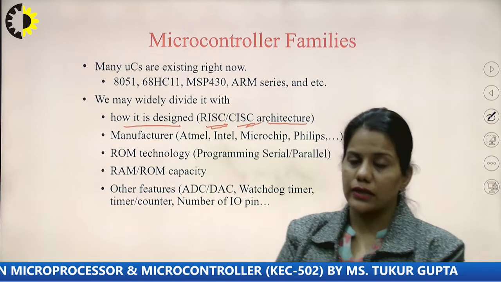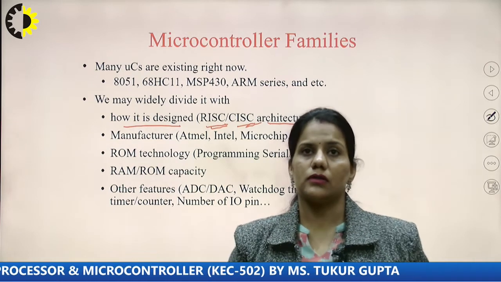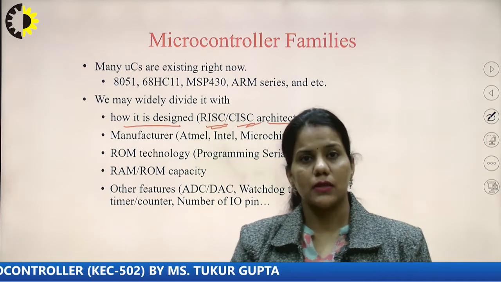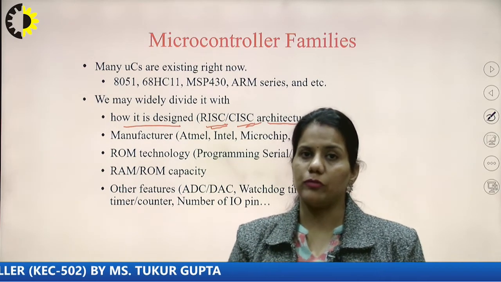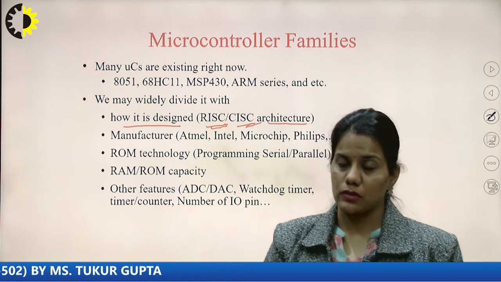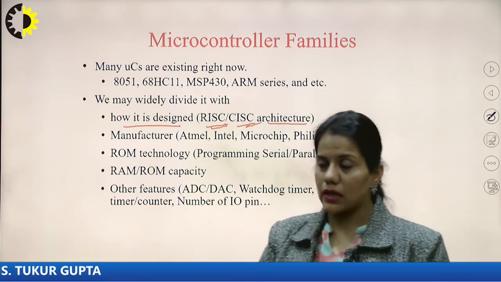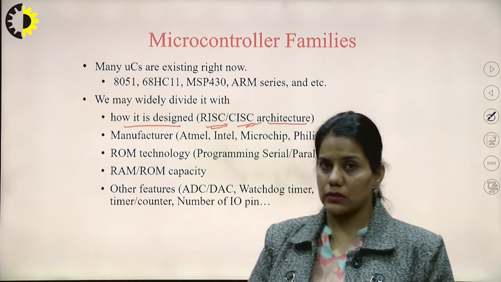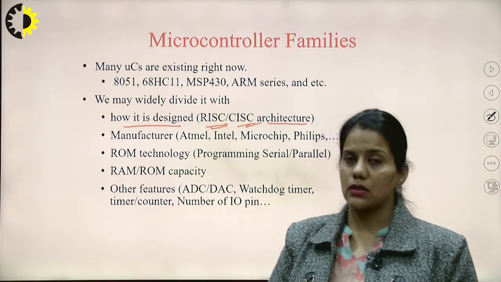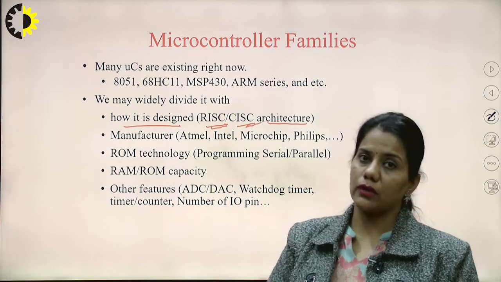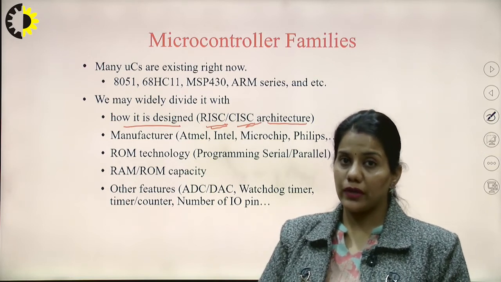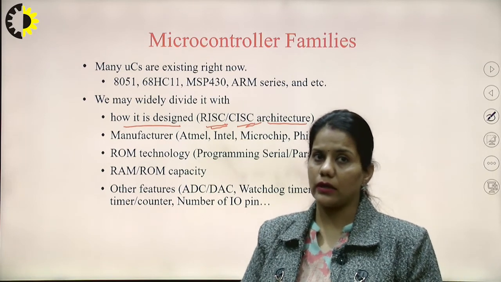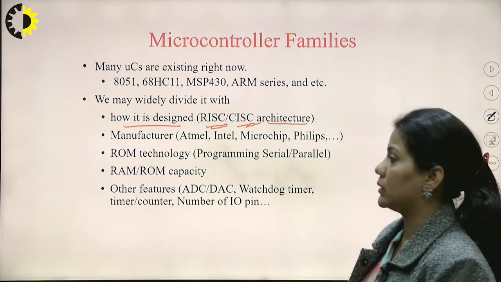According to the RISC architecture, we are having simple instructions which are capable of performing simpler operations. But the CISC architecture is having complex instructions, like a single instruction can execute different complicated operations.